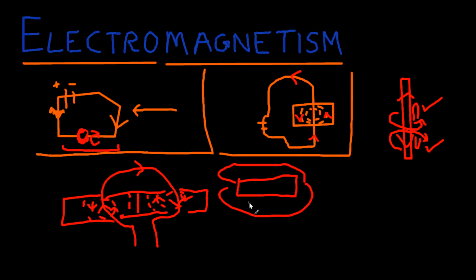So this was compared to a bar magnet, and so it was said that this whole loop can also have faces, like a bar magnet has faces, north and south, where the field lines go from north to south.